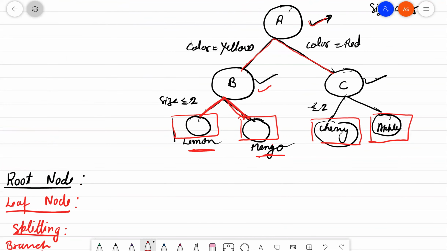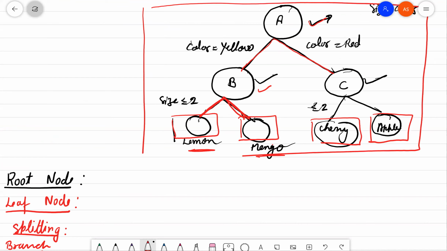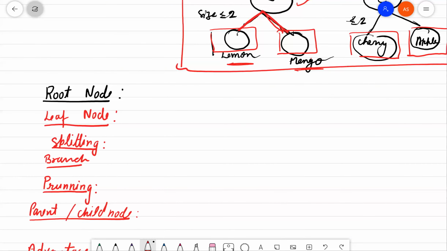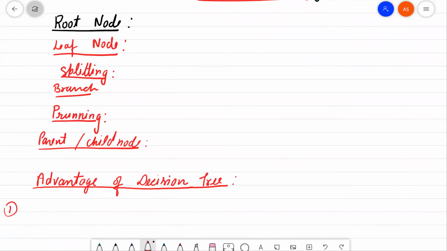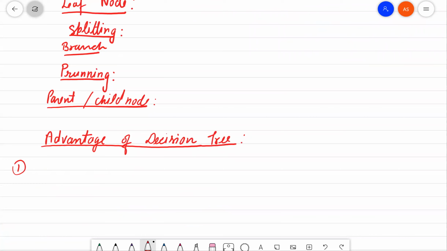It would be difficult to understand and recognize. And if we represent any problem in the form of a graphical representation, a diagram, or a decision tree structure, it is easy to understand, interpret and visualize.